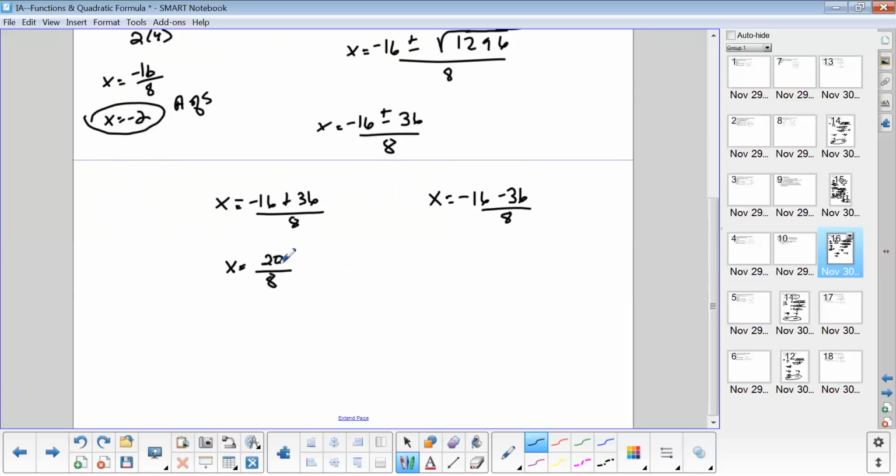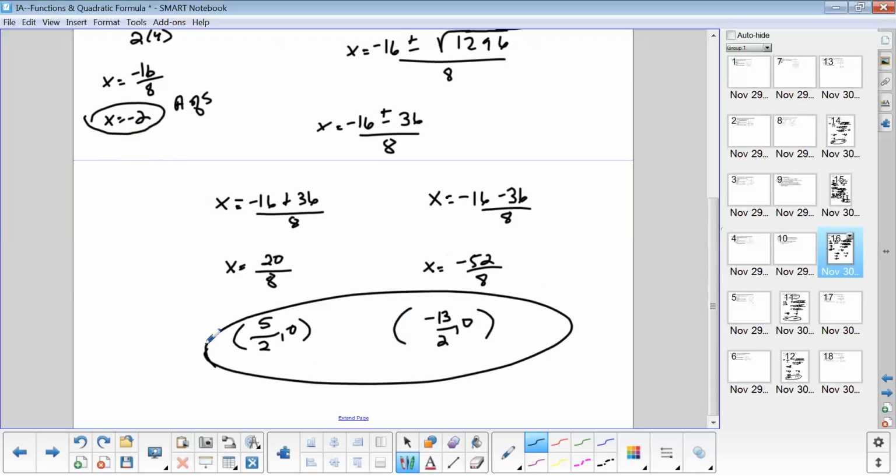Well, I can divide both by 4, so I'm going to get 5 halves. So there's one solution. And here I get negative 16 minus 36, and I get negative 52 divided by 8. And I should be able to divide both by 4. So I'm going to get negative 13 halves.